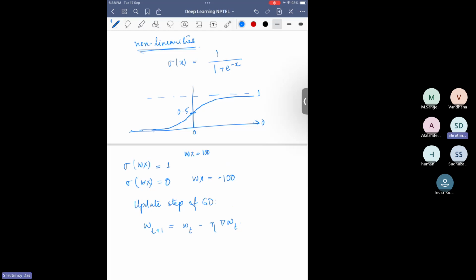Now when wx is 100, it will lie somewhere far away here maybe. So what is the gradient in this case? Anyone? What is the gradient when wx is very high? Can you type it in the chat?